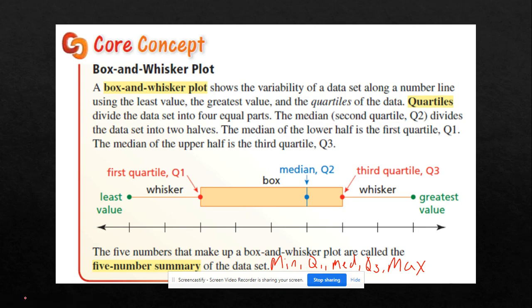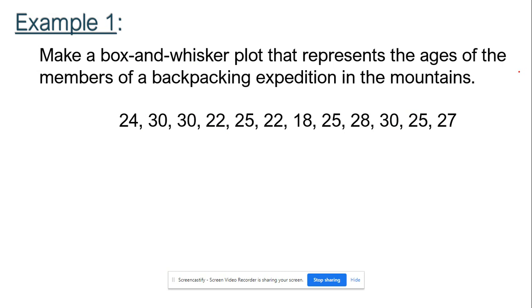So let's take a look. It says make a box and whisker plot that represents the ages of the members of a backpacking expedition in the mountains. So if you're going to make a box and whisker plot, you want to start by ordering the data. So we want to write it in order. And I'm going to do this by hand once, and then I'm going to show you how to use technology to do that.